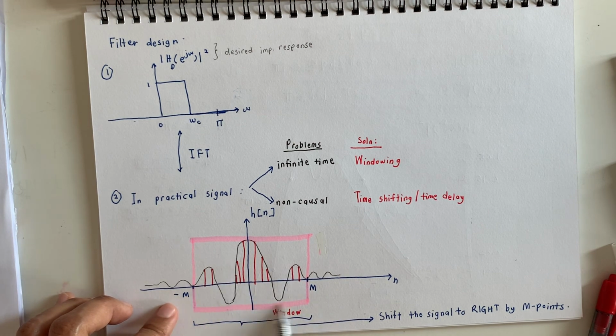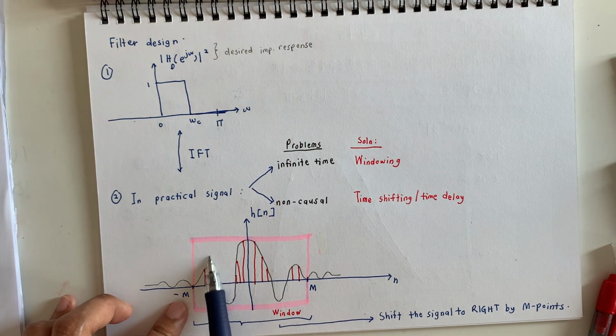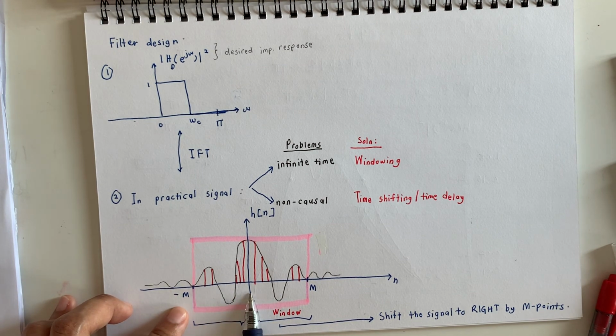If you look at this signal, this is a two-sided signal, which refers to a non-causal signal. So we want to shift this signal, and we need to shift by M. Why by M? Because if you look at this range, it is from minus M to 0, so basically it is M points.